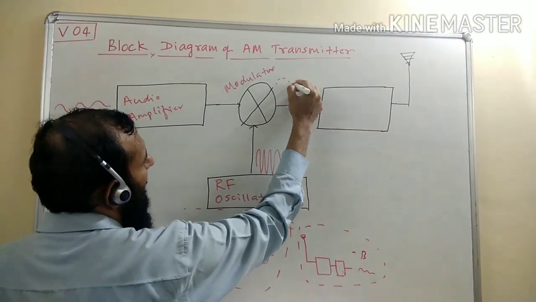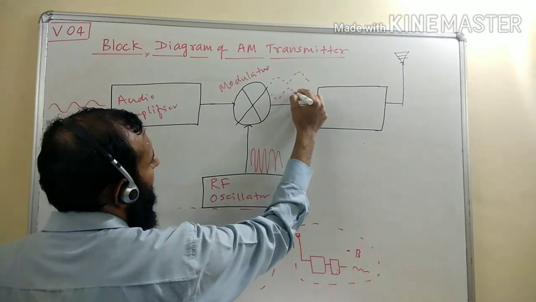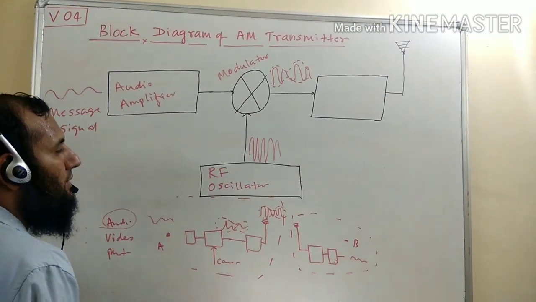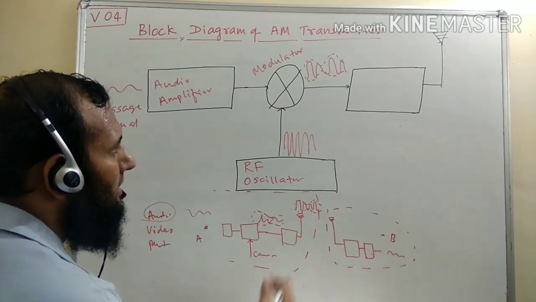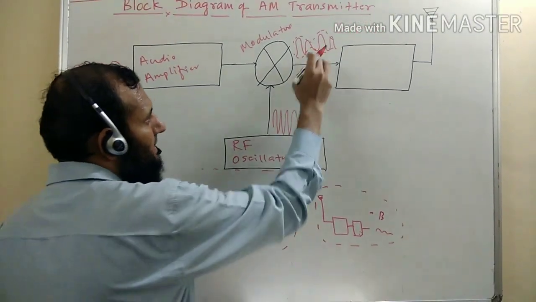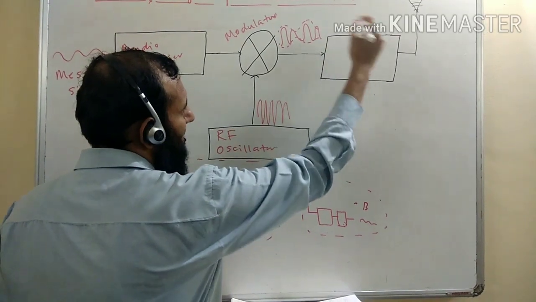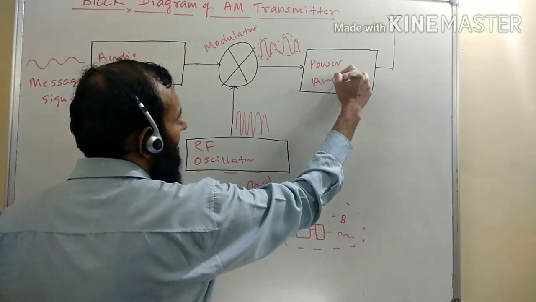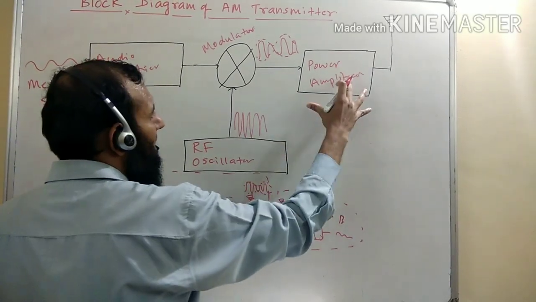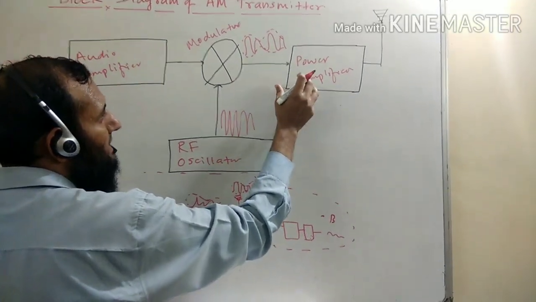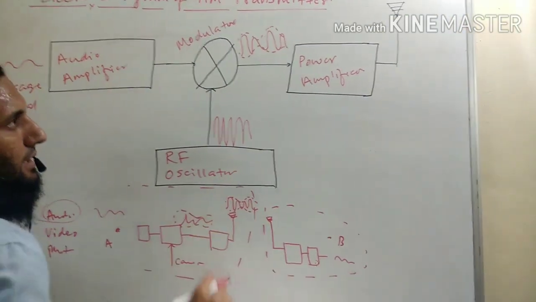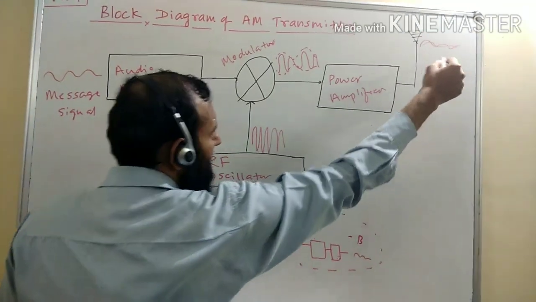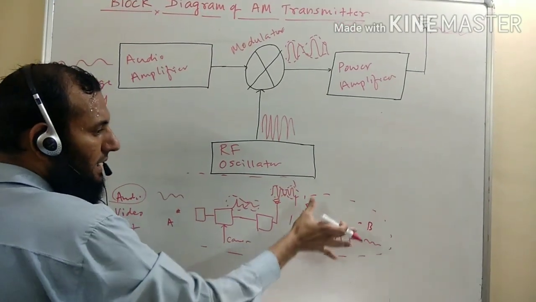Now we get an amplitude modulated wave like this. Again, this amplitude modulated wave does not have enough power to get transmitted, so it is amplified in the power amplifier. The power amplifier provides sufficient energy for the amplitude modulated wave to be transmitted through this antenna, and at the other end it is received.